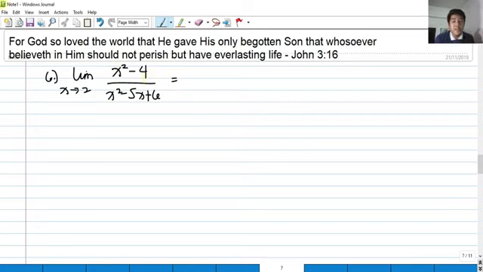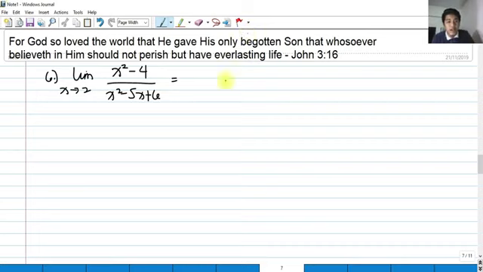And since this is a quotient, we are actually avoiding the denominator getting 0. So for us to have an easier limit, we can factor these two polynomials, f of x and g of x, here on the denominator. So for us to have a function that is much simpler, then we can evaluate its limit much easier.